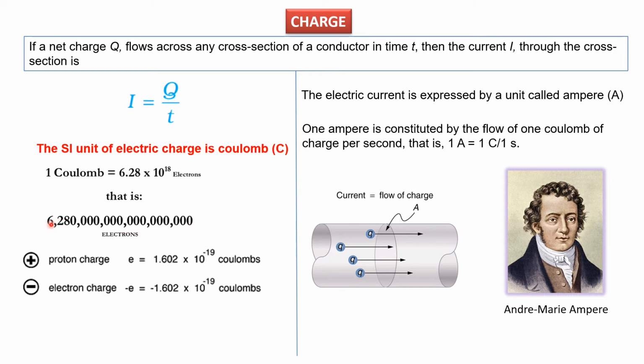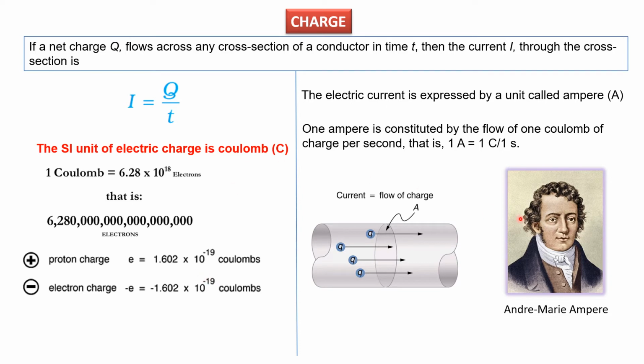If we take only one electron, how much charge does it have? It has minus 1.602 into 10 to the power of minus 19 coulombs. Why is it negative? Because electrons always carry negative charge. That's why minus comes into the picture. Proton has positive charge, so plus will come, but proton and electron have the same amount of charge. You should be very clear about this concept.